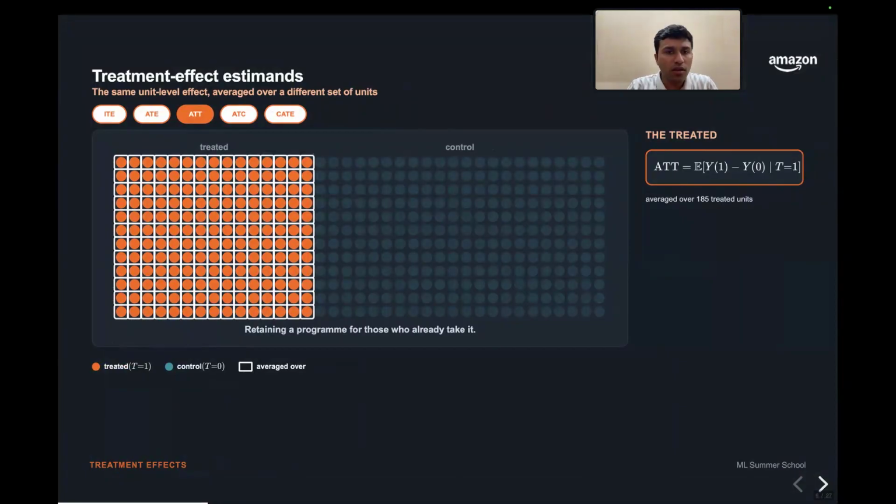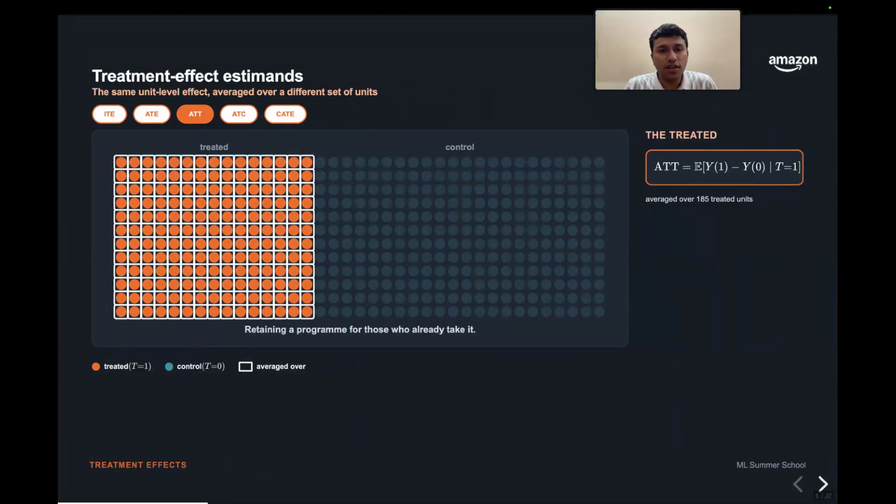So now coming to the formal definition of different types of effects that we usually look at, right? The question that we had very recently asked, which was what is the gain that you get in salary because of an internship, that is a form of ATT, which refers to average treatment effect on the treated.